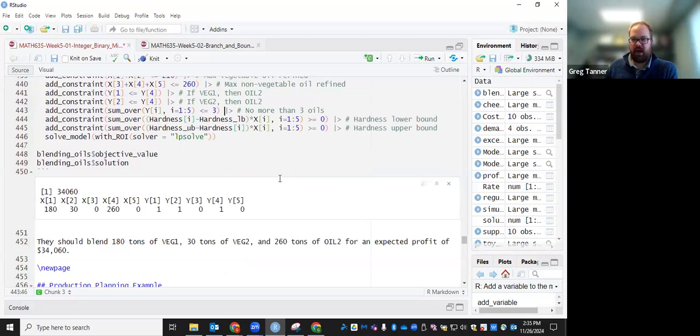And so we maximize profit with $34,000 worth of profit. We end up blending 180 tons of the first vegetable oil and 30 tons of the second vegetable oil with 260 tons of the fourth oil, which is then oil 2.